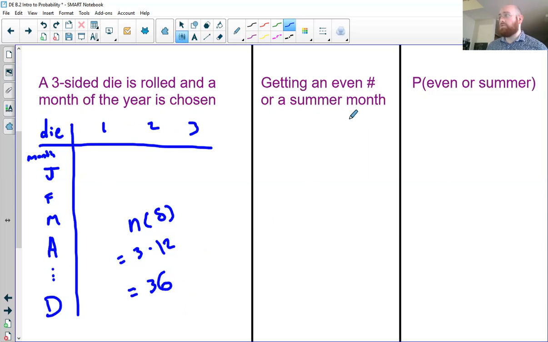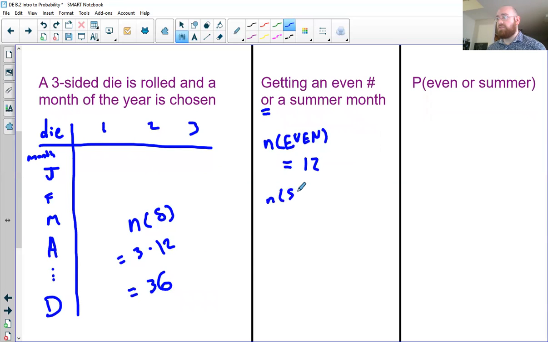Getting an even number or a summer month. So there's only one option of an even number, so the number of even outcomes is equal to 12.